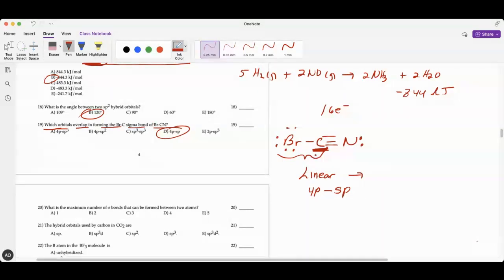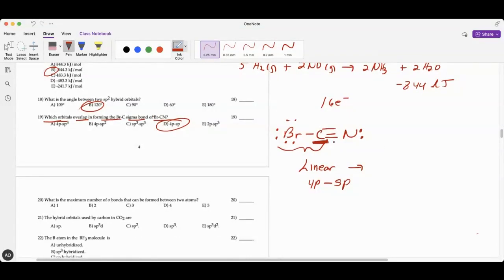Review your electron pair geometries and your molecular geometries. But when we're looking at this overlap and hybridization, we're only looking at the electron pair geometry.